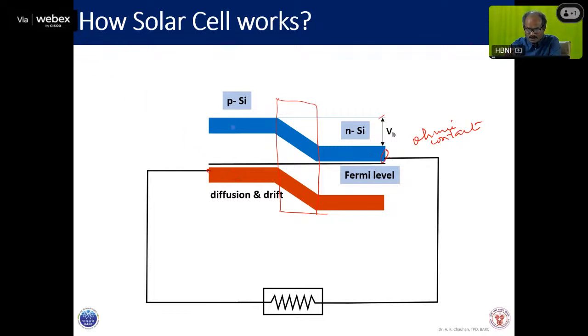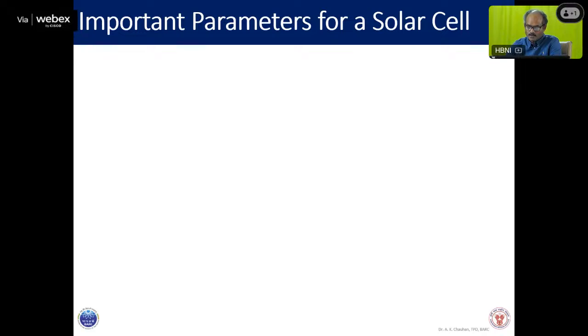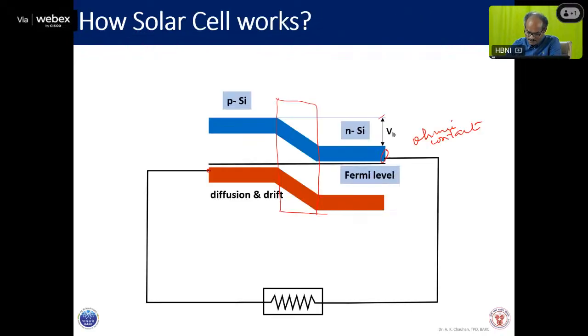It is only for understanding purposes. But when there is illumination of light, in that case, the Fermi level also doesn't remain straight. But if only one photon is incident, there is not much change. So we can assume this is the same. Now we have learned how a solar cell works.